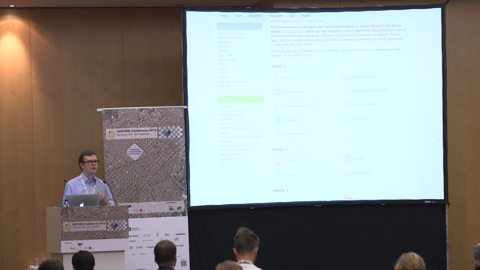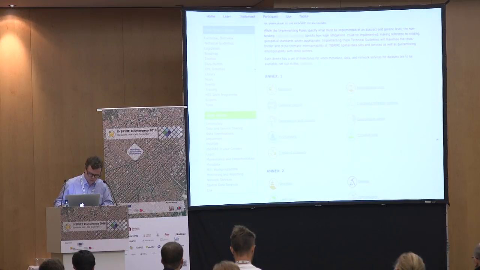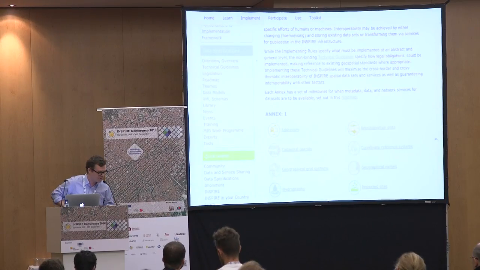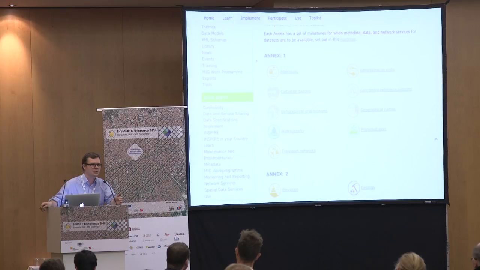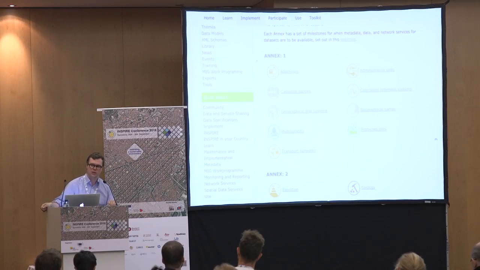So if you have had some implementation experience on some of these data models, on these themes, I would like you to say if you had any success stories, or if you have had some problems in using some of the technologies or some of the products already mentioned today. That would be really good for sharing that kind of information around the community.